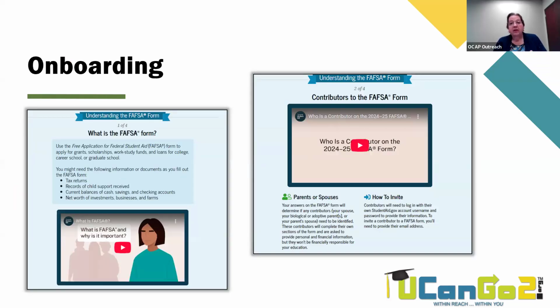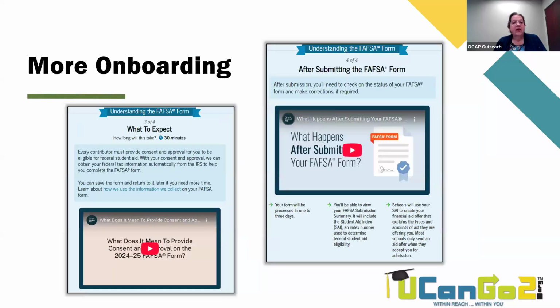There are 4 onboarding videos. I'm not going to show them all to you, but I just want you to know that they're here. One of them explains what the FAFSA is all about, and who needs to contribute to the form in the second video. The third one is the one that I really point out to students when I'm out there, is that it explains that every contributor that's putting information on that FAFSA has to give consent and approval for the IRS to transfer their tax return data from their 2024 return to the FAFSA.